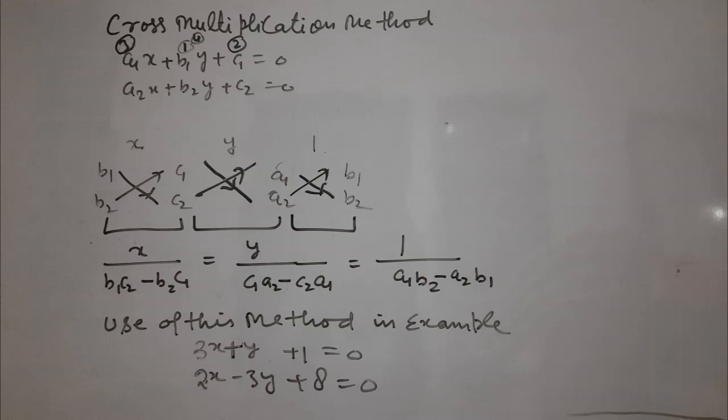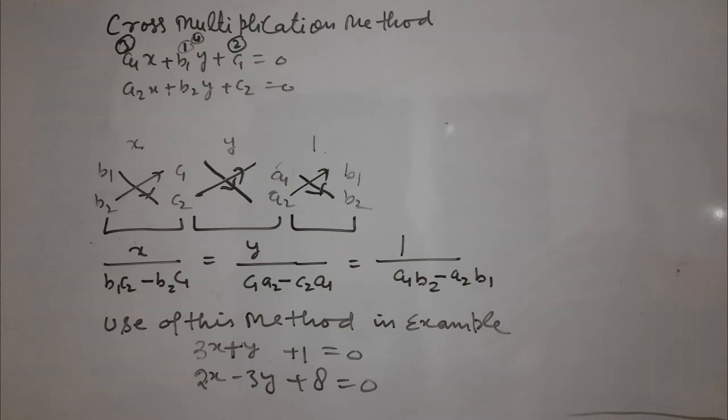Then you will find x upon b1c2 minus b2c1 equals y upon c1a2 minus c2a1 equals 1 upon a1b2 minus a2b1. Now we will use this method in the example.